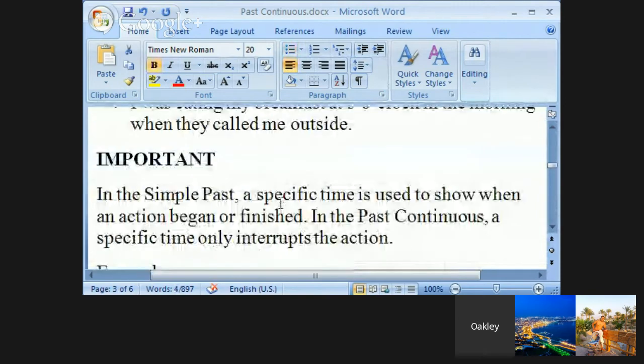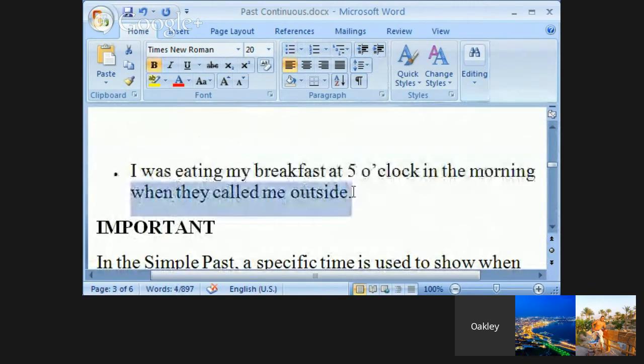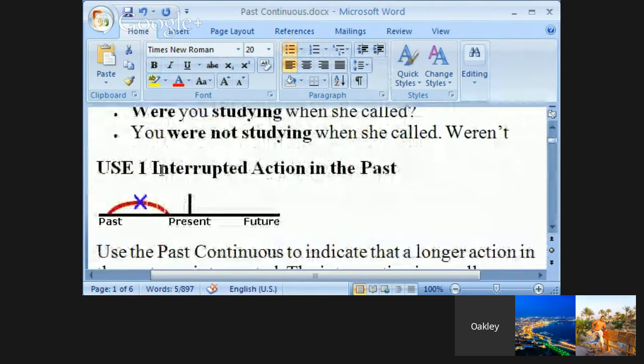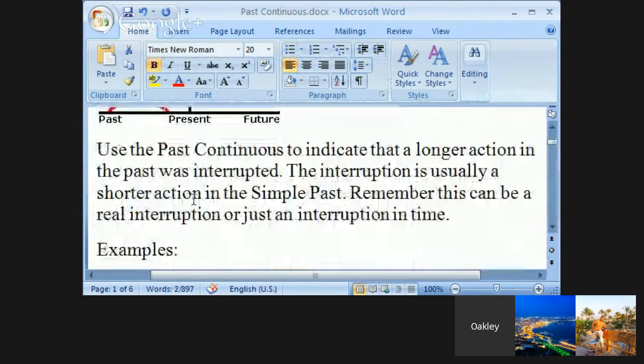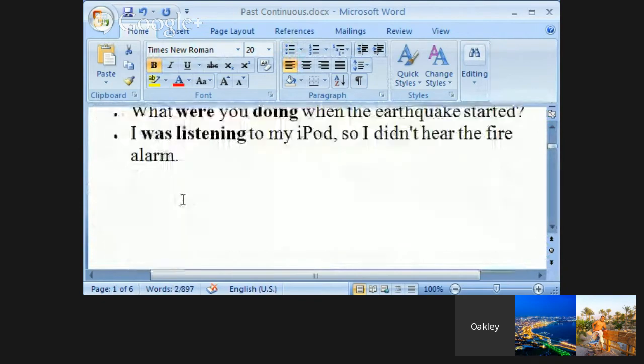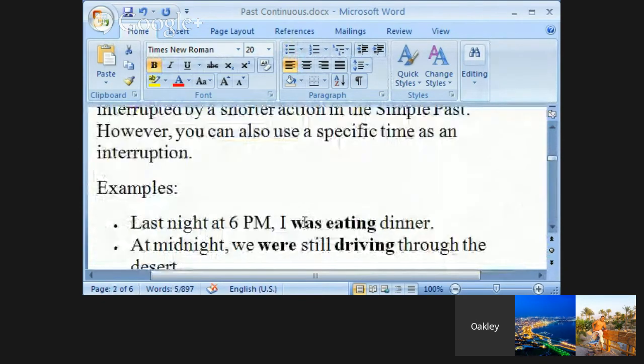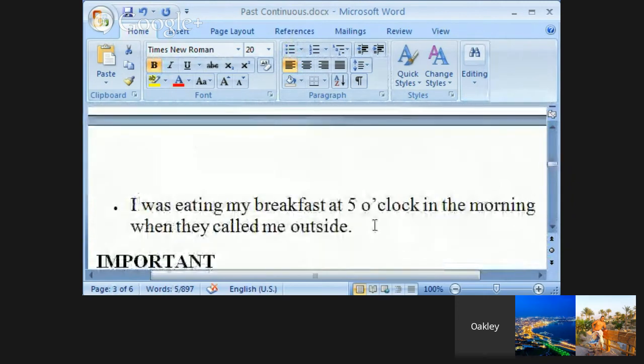Aha! And then you've added another clause, when they called me outside. Okay, which is our first use, interrupting action in the past. So you're actually doing both use 1 and use 2 at the same time. Great. This is actually okay.